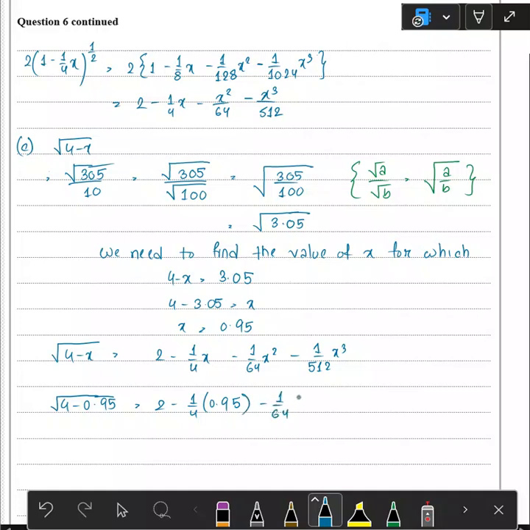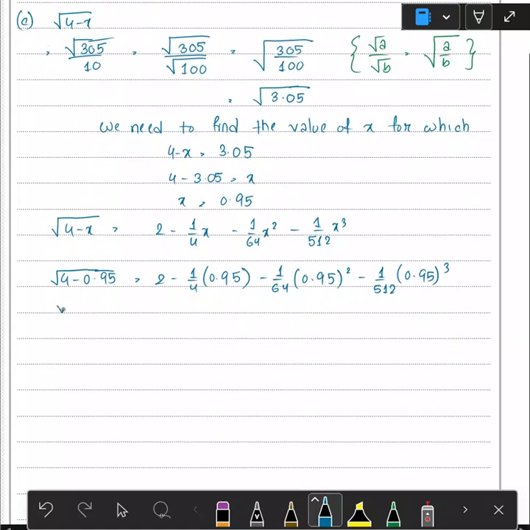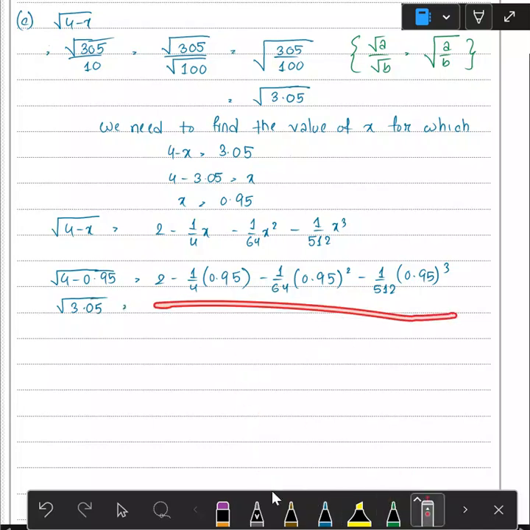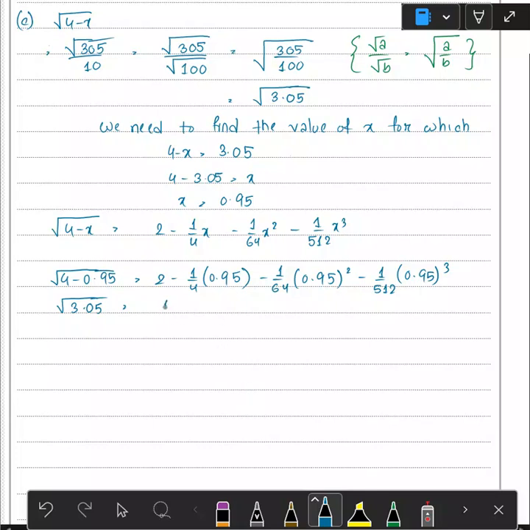So 1 by 64, 0.95, by 512. And if you put all this in a calculator, then you will get the value to be 1.74672.